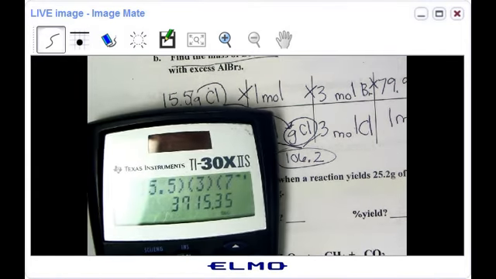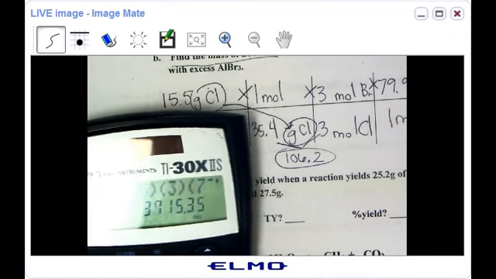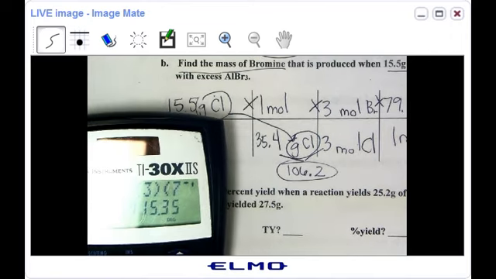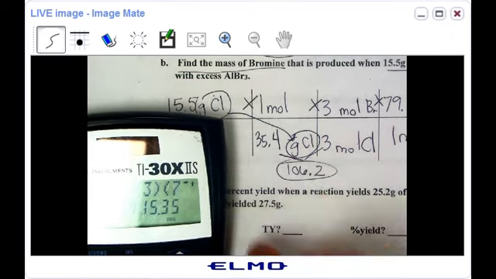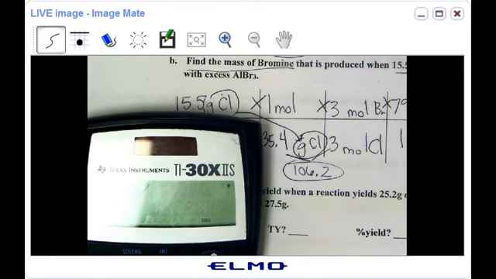For the top, you should get 3,715.35. I'm going to divide it by the bottom, which would be these two numbers, which I already multiplied, so it gave me just one number. So I'm going to divide by 106.2.